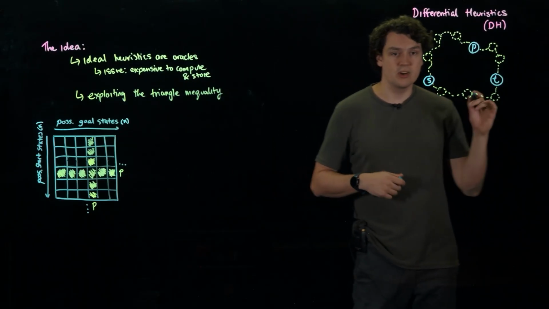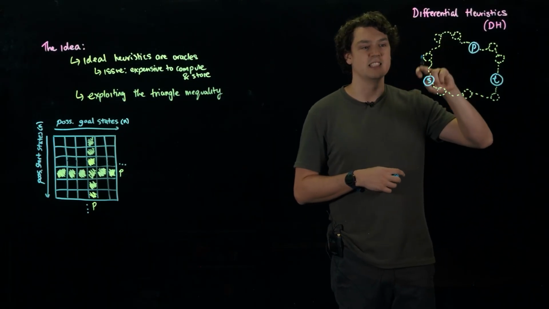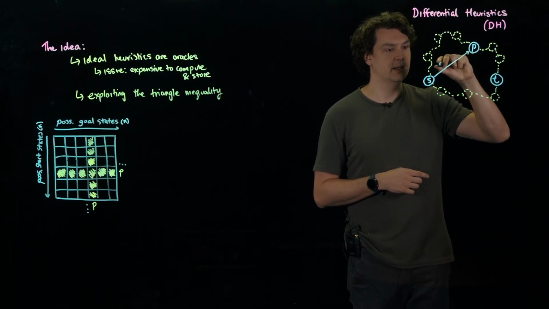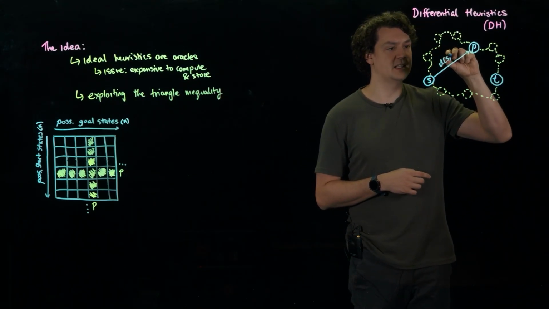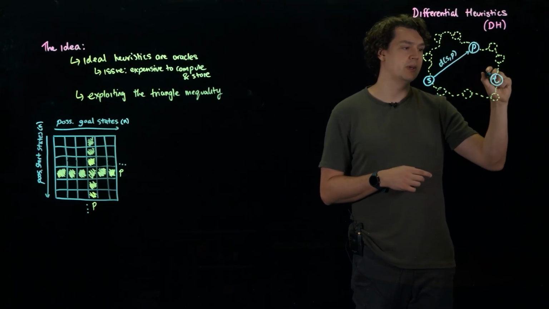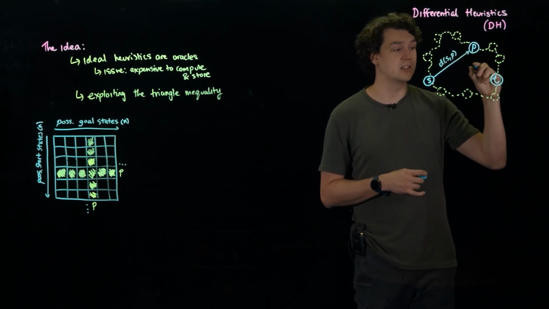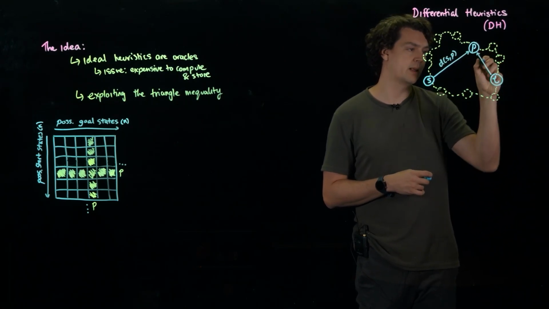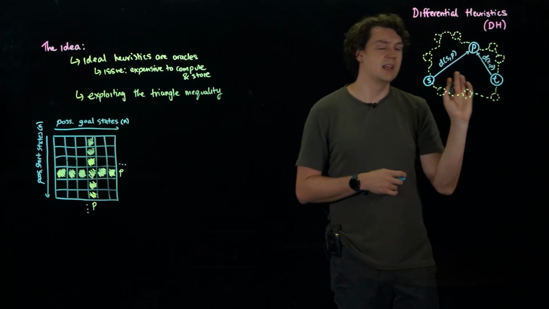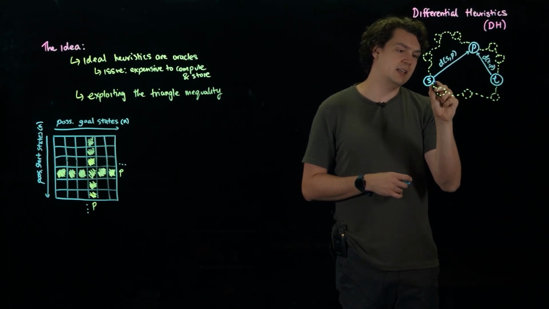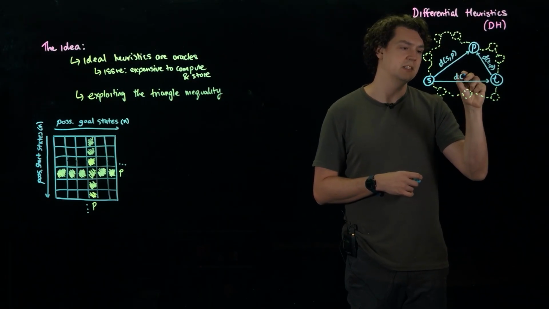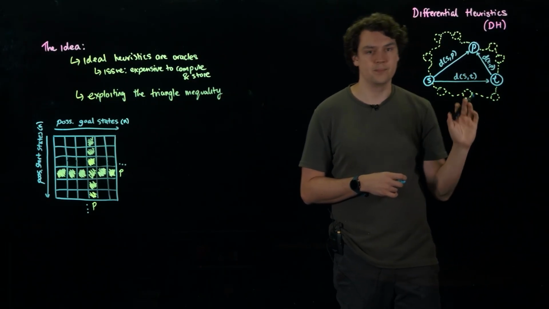If I start drawing up the distances here, the distance from start to P, I'm going to label that, distance from S to the pivot P, then the distance from the target to the pivot, so D from T to P. And finally, the actual distance we're looking for is the distance from S to T.